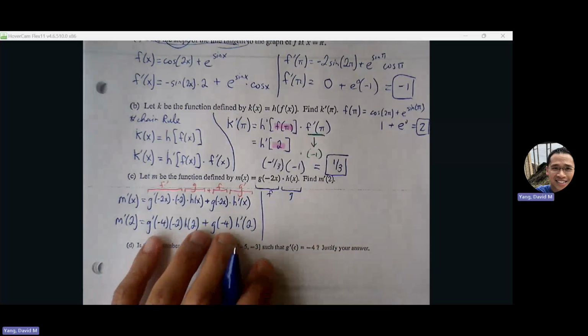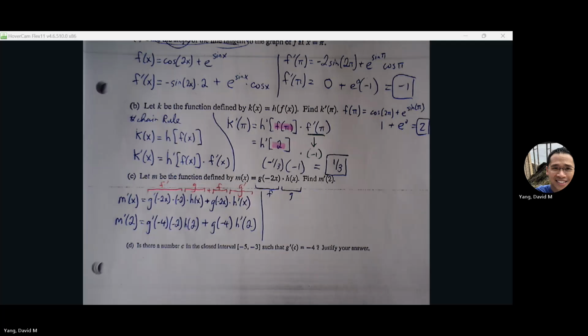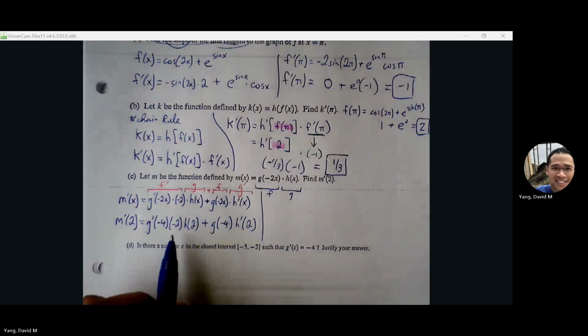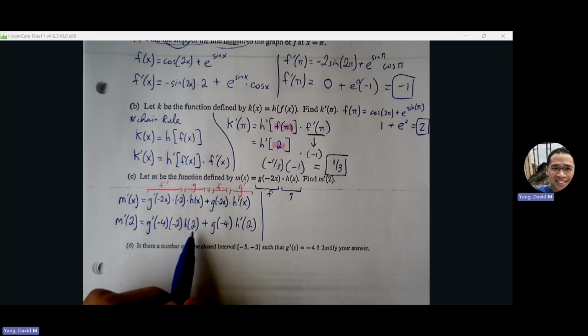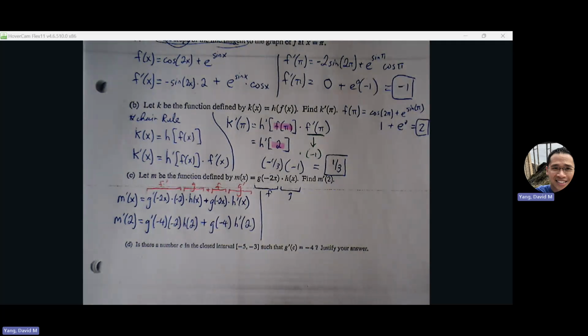Can we leave our answer like this, or do we have to go any further? Okay, we can get all these function notations into numeric values, right?